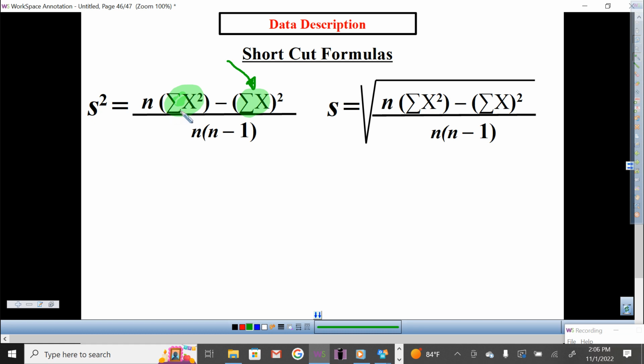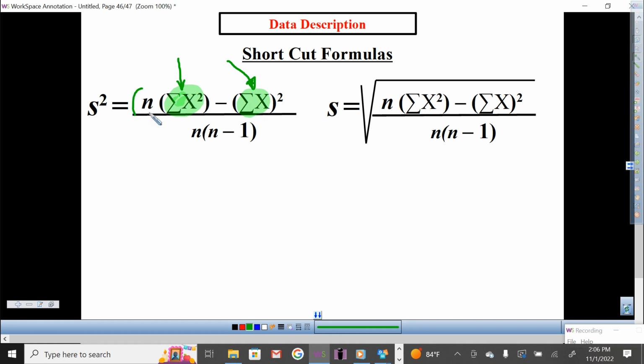Jet, what does this mean? Yeah, each item squared, and then you add them, and that's this right here. That's the only difference from one to the other.